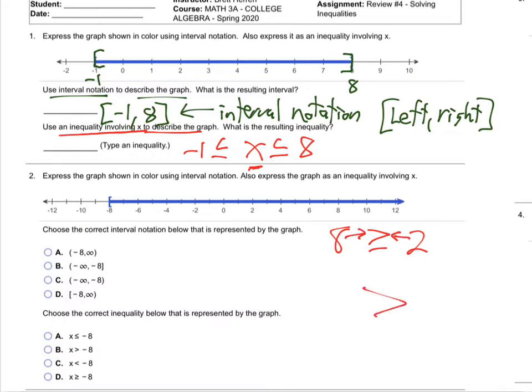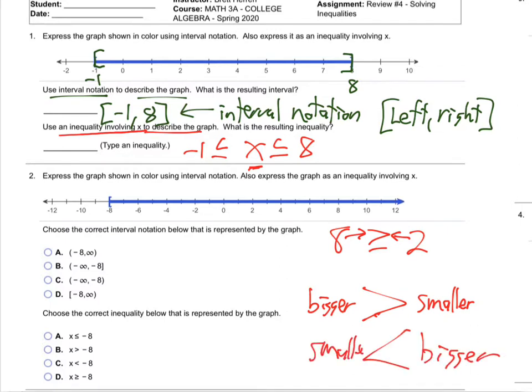A greater than or less than symbol has the bigger number on the wide mouth side, and the smaller thing on the narrow side. You could turn it around, and then the bigger thing will go over here, and the smaller thing will go over there.